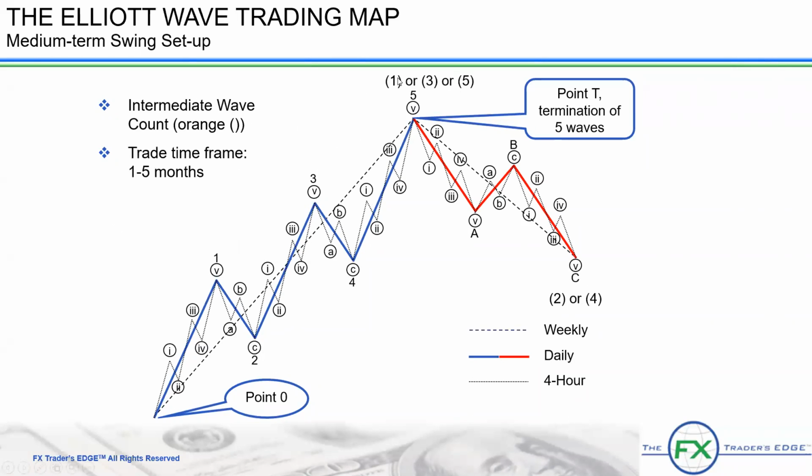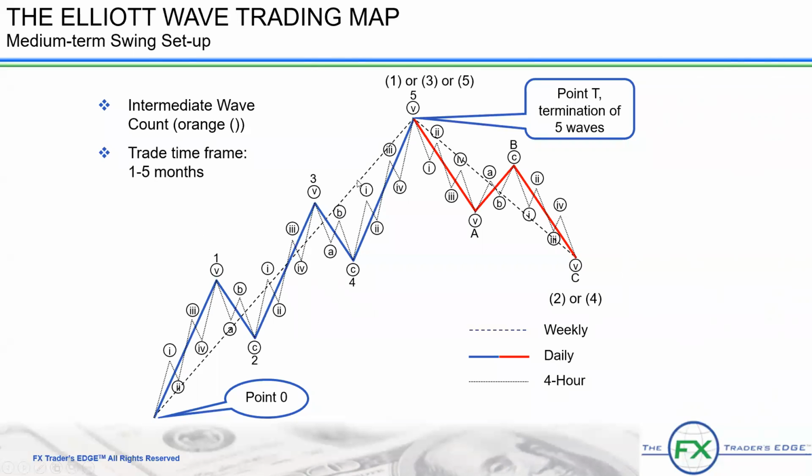So this would be wave 1, 3, or 5. Like you would be moving down the subwaves. So it could take you between 1 month and 5 months to complete a wave 1, a wave 3, or a wave 5. The time frames, weekly, daily, 4 hour.